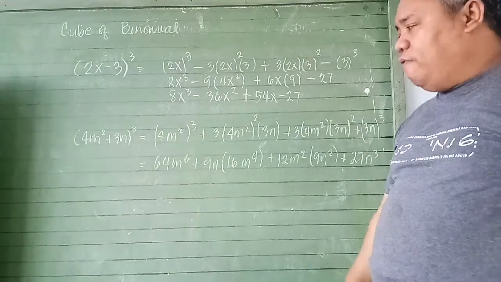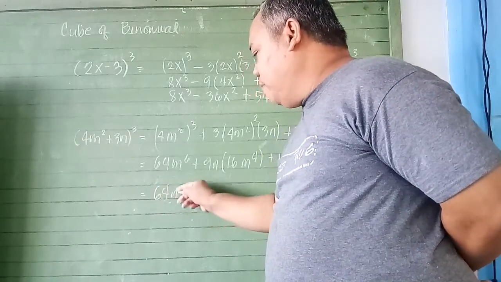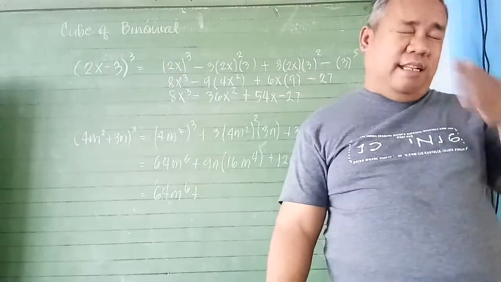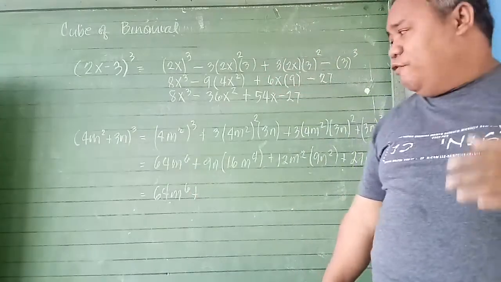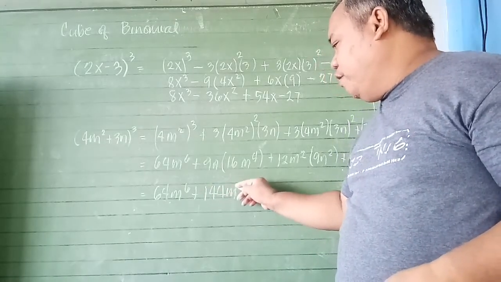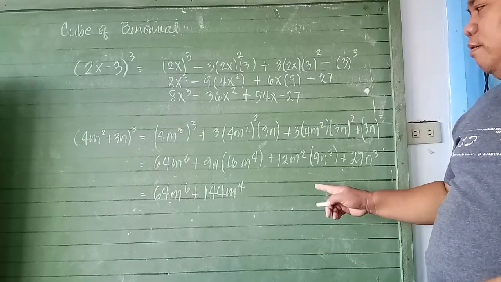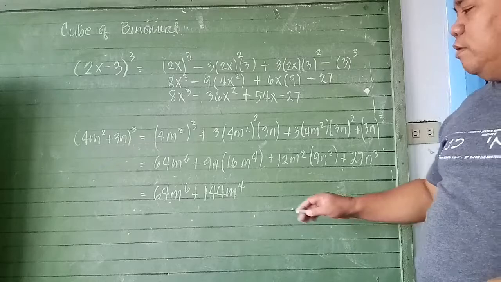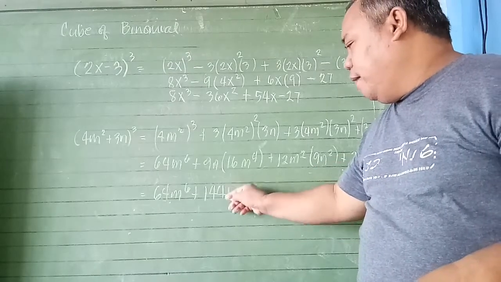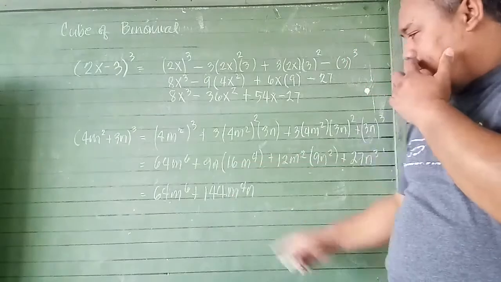Again, simplify again. We have here 64 m to the 6 plus this is 16. That is 144 m to the 4th n. Ganyan. Kasi may n dito.